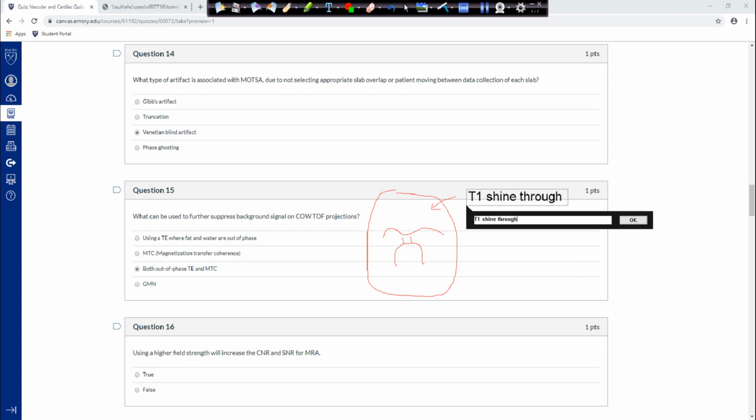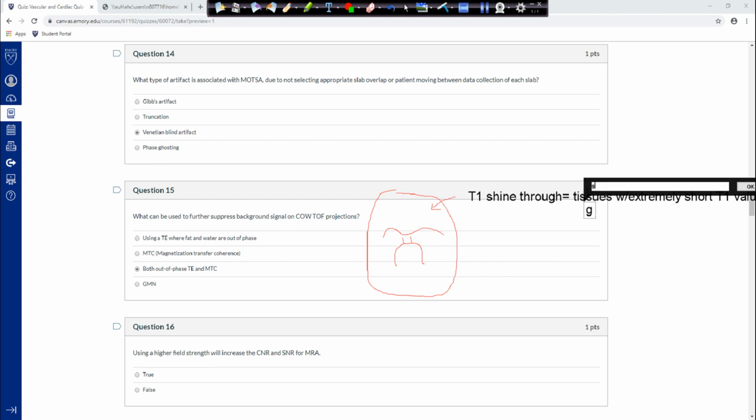Meaning tissues that have extremely short T1 values still appear as higher signals on these time of flight projections. Tissues with extremely short T1 values give off signal.